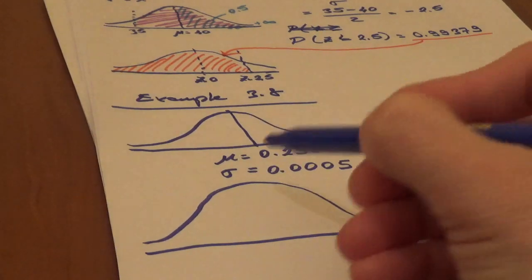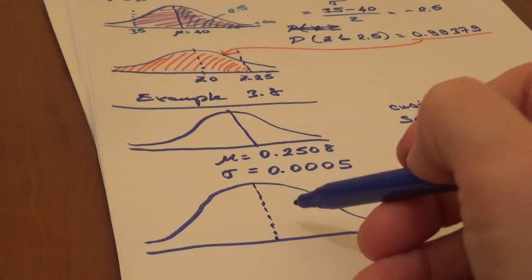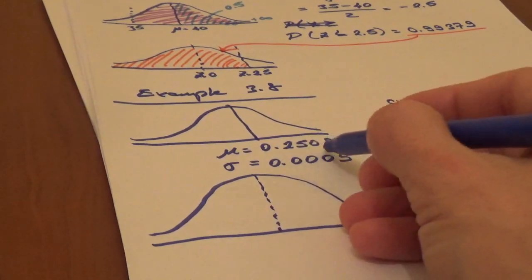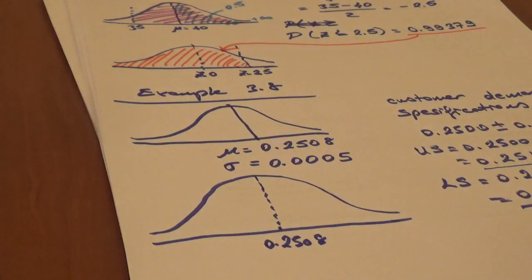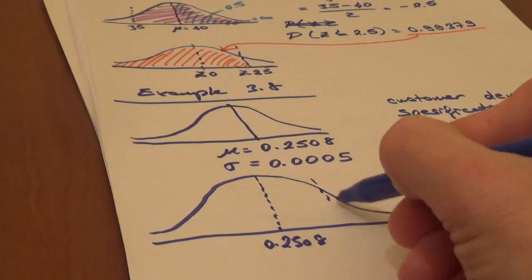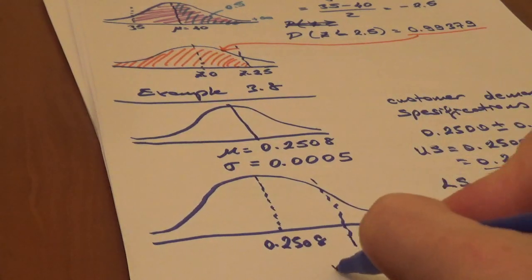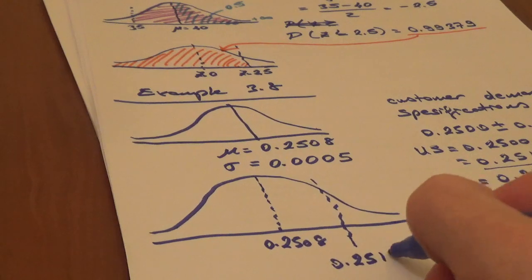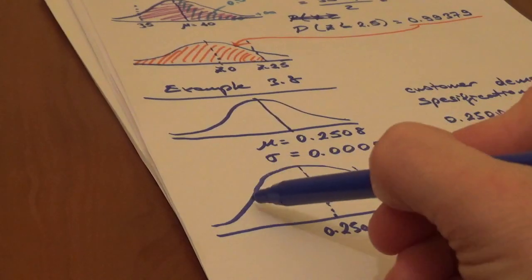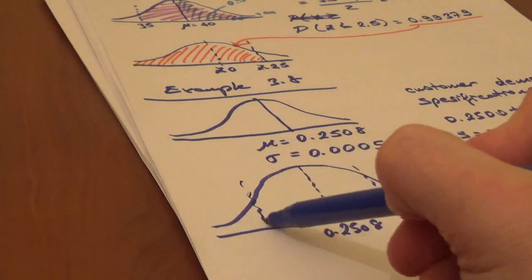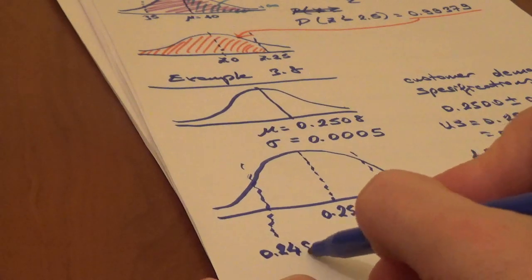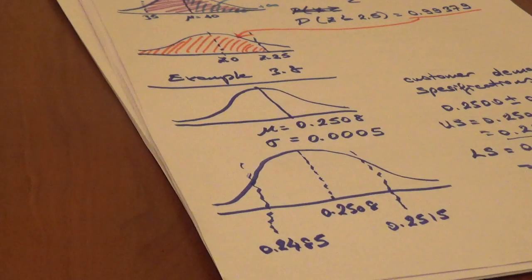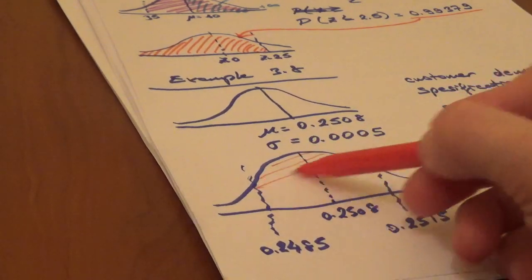So our production is, as we said here, 0.2508, and the upper limit is what the customer wants, 0.2515, and the lower one is 0.2485. So we would like to calculate the area under this curve.